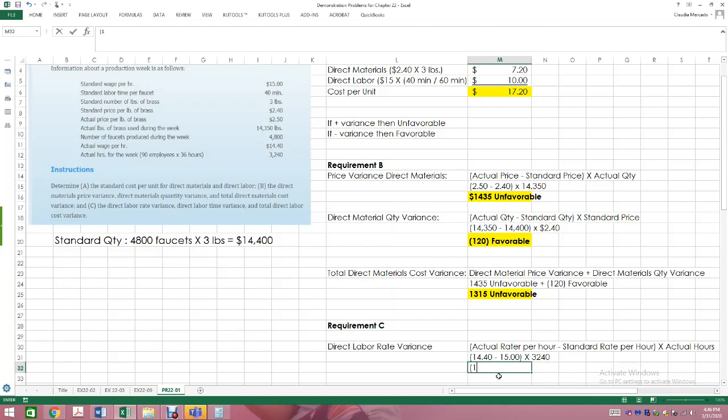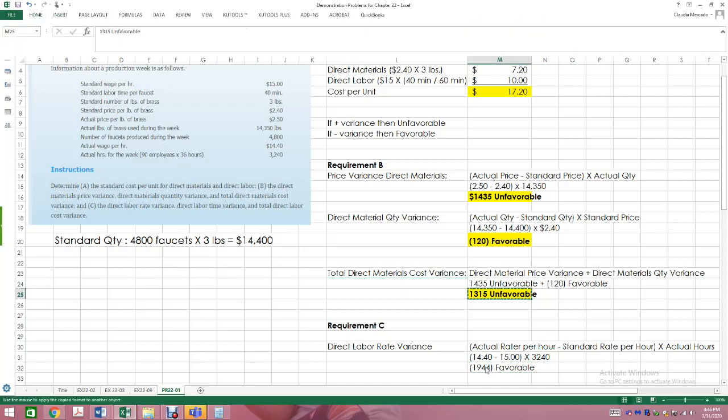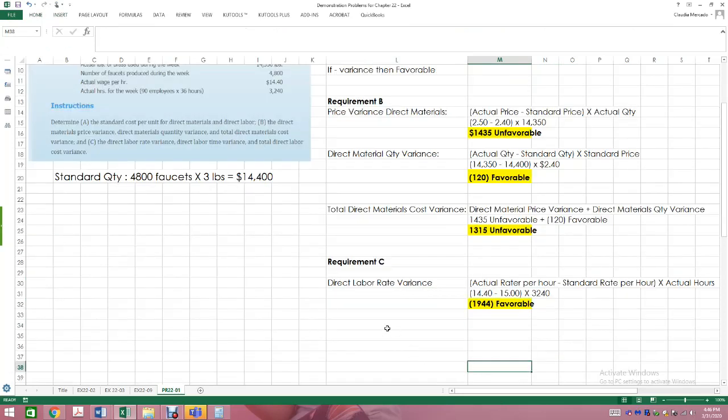Remember, if it's negative, it is a favorable variance. It's favorable because you spend less than what you had budgeted. So it's favorable. Okay, that's my direct labor rate variance.